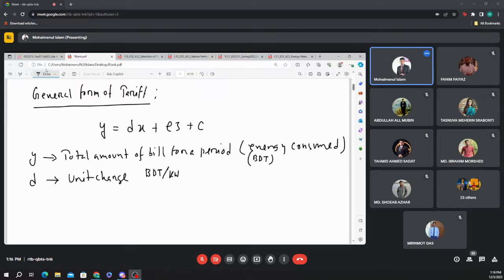That is your bill for that particular month. So X should be your maximum demand during that period of time. For that January month, you have maximum demand of something, that is X. So X is your maximum demand during billing period.